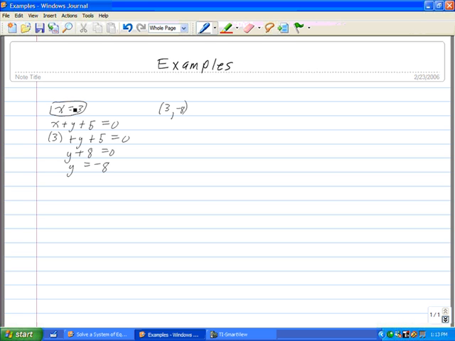But an actual numerical value for the variable is not always what's going to be given. Let's look at another example. Say we had x plus 2y equaling 6, and 2x minus 3y equaling 5. We're going to take the first equation and solve for x.